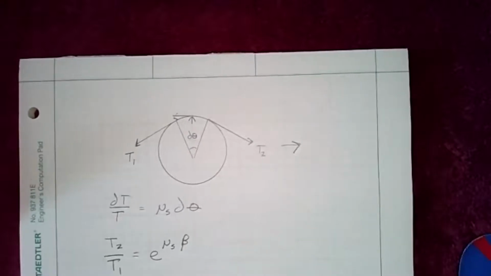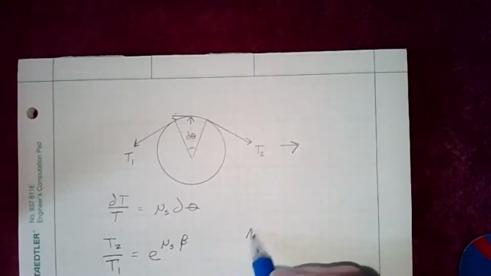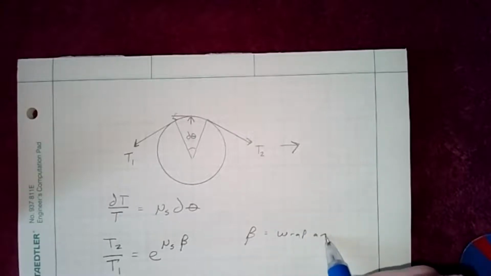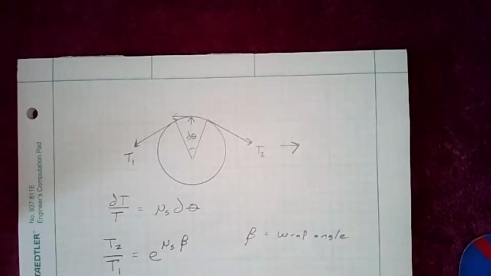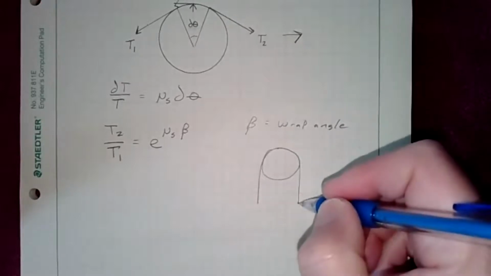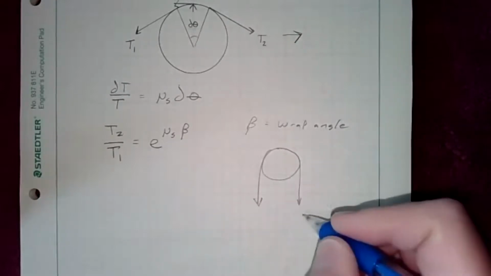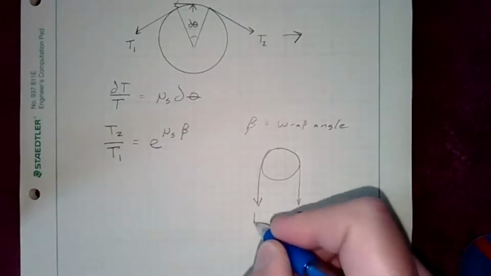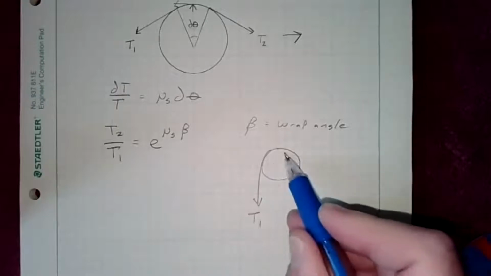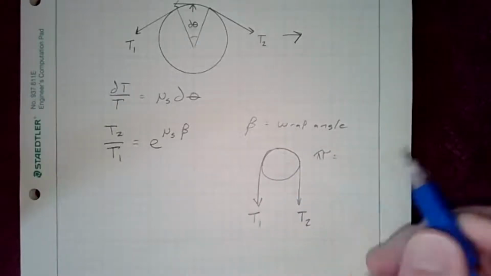So what that represents is beta is the wrap angle, or how many times you've gone around the object. So for example, if I had a circle like this, and this was my T2, this was my T1, then this would be pi, because it's a half circle.